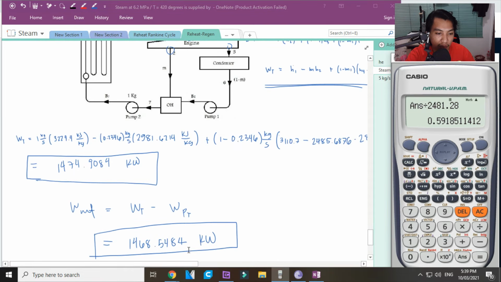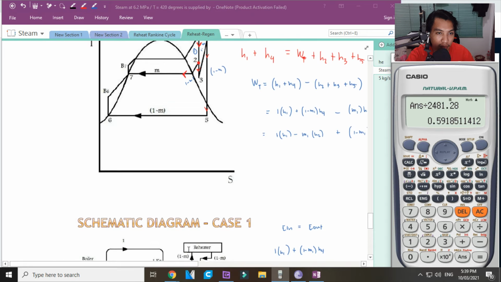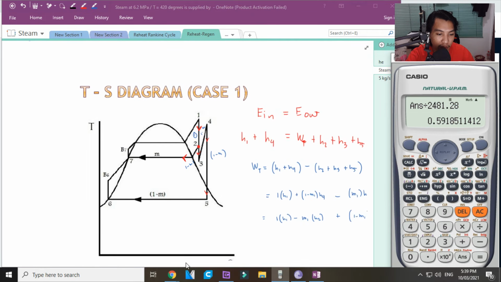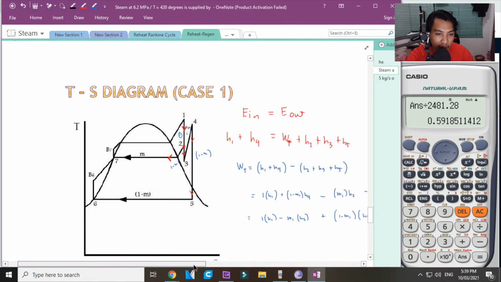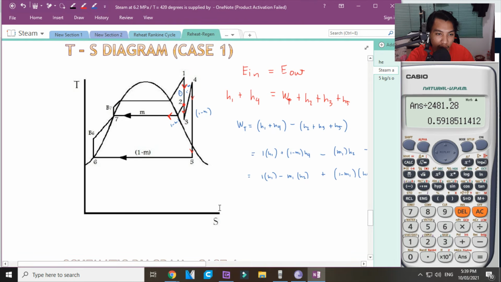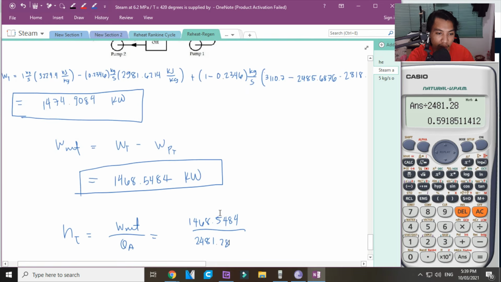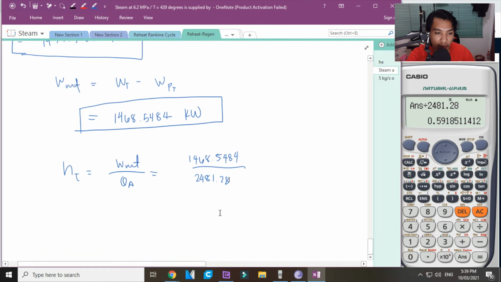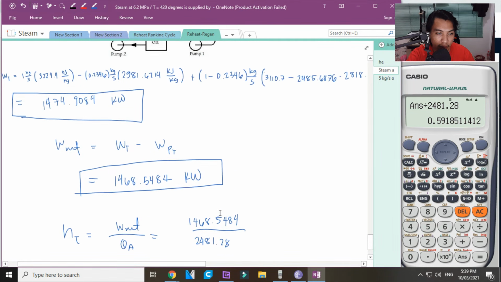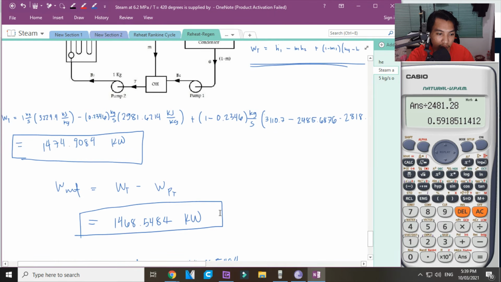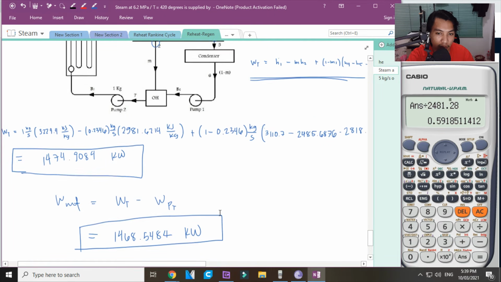There is something wrong with the work ng turbine. Tama naman. H1. QA total. QR. QA total over QR. Tama. 1 QR over QA. Work net over QA. Work turbine. Tama naman.